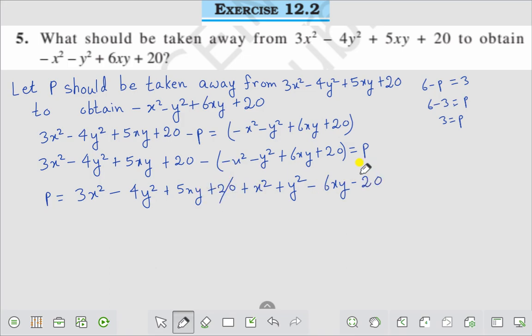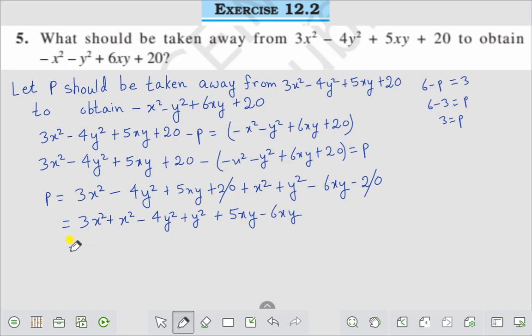You see, plus 20 and minus 20 will cancel. Then rearranging all the like terms, that is 3x square plus x square, minus 4y square plus y square, plus 5xy minus 6xy.